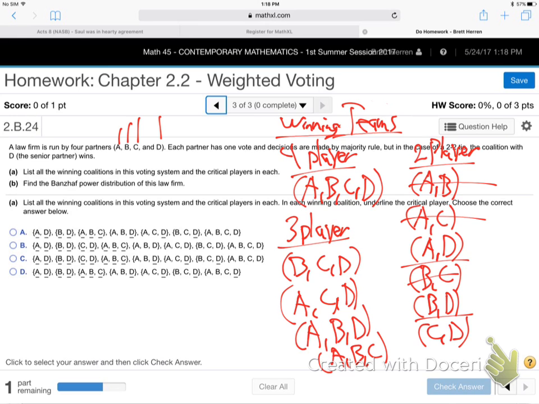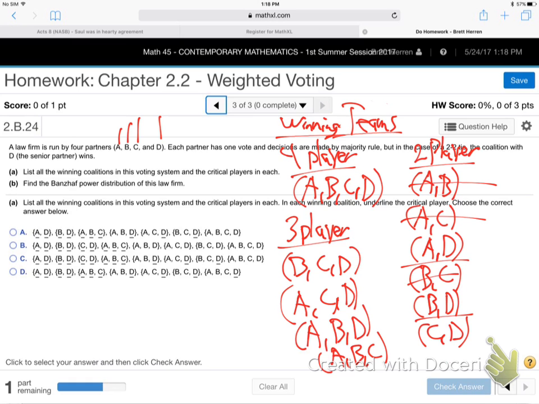You would still have all the 3-player, the 4 and the 3 as automatic winners. No change there, because they're a majority. But when it comes to the 2-player things, whoever has A would be crossed off, because they're losers. Because that's what the rule said. But our rule today, in this problem, said whoever has D is a winner on the 2-player team. So we just kept those. Is that making sense?